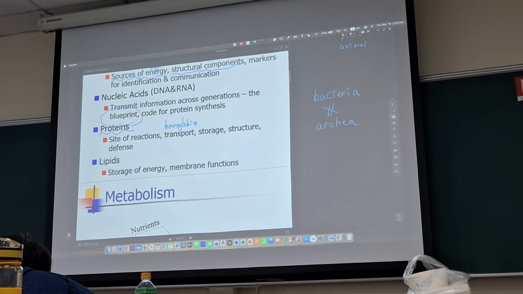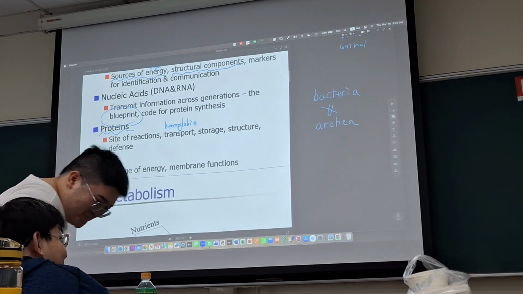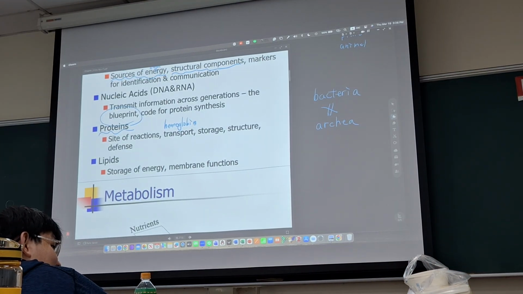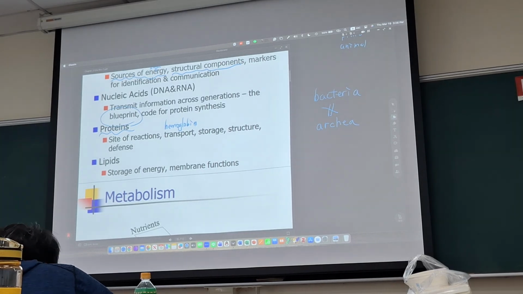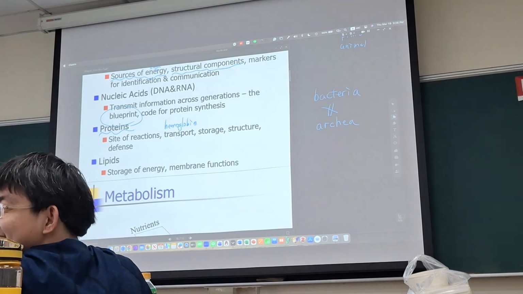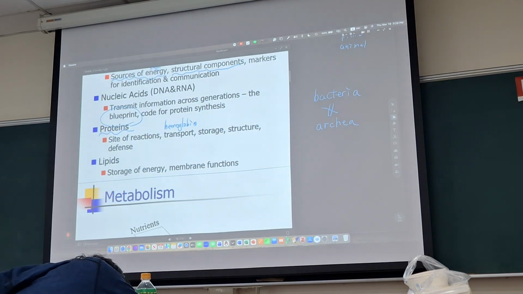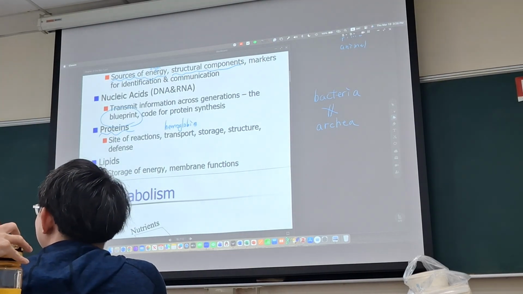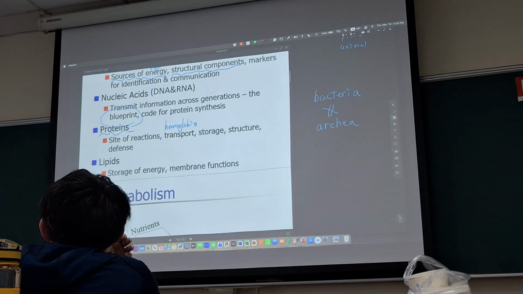Hemoglobin is the protein to transport oxygen. Some protein can be used for storage, for example, like capsid. Structures like collagens, and defense like antibody.